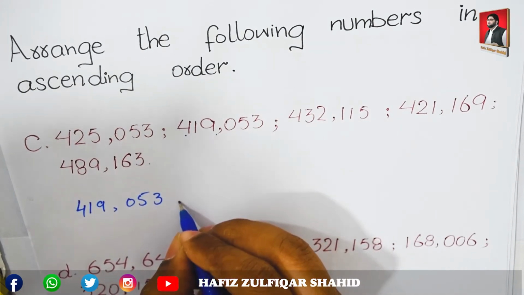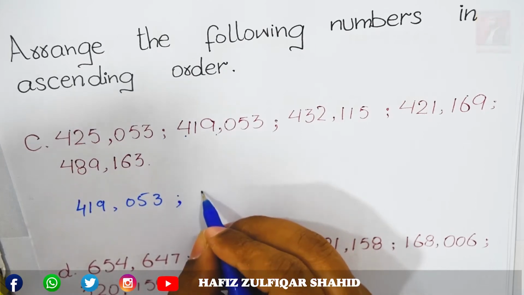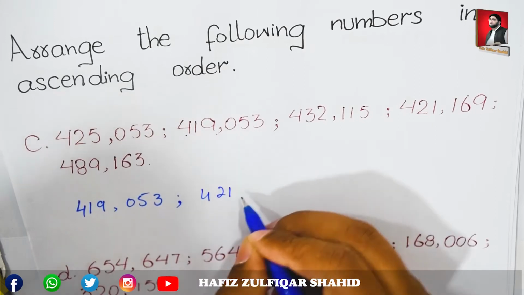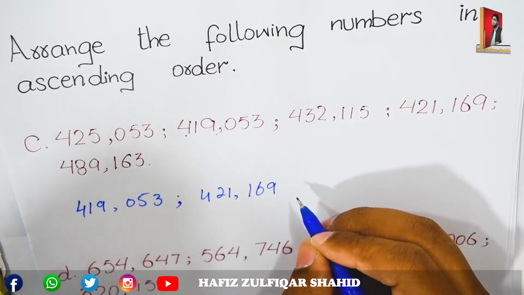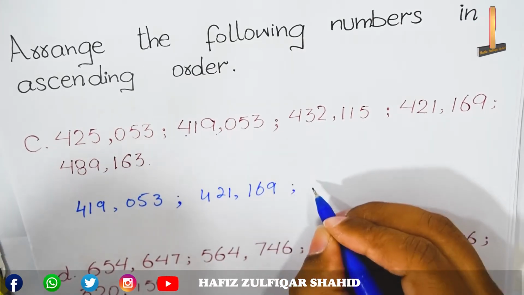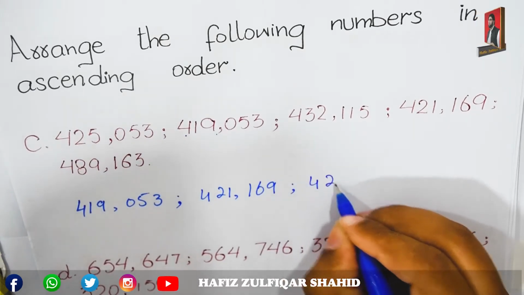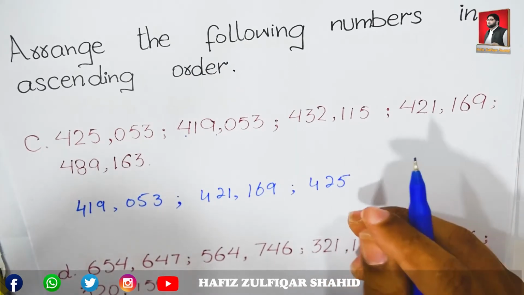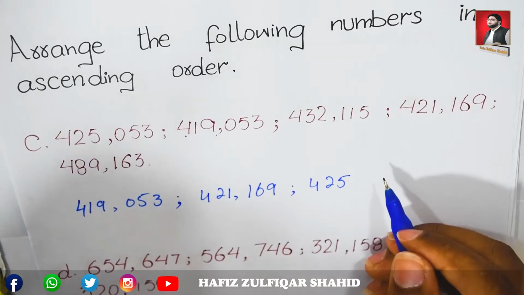On second number, 421,6169. At the third number, we are going to smallest to greatest.